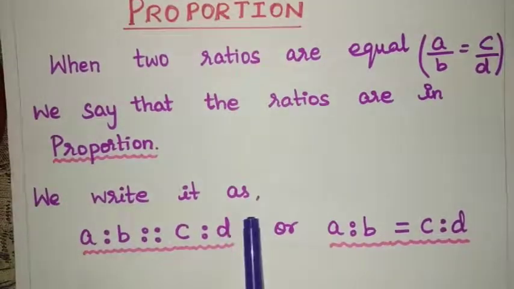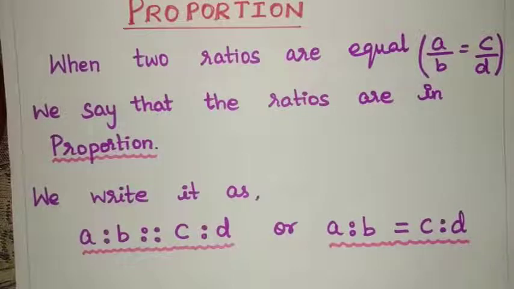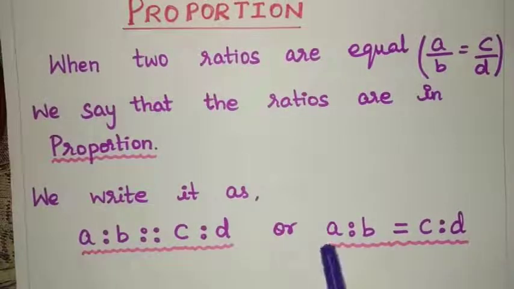We write it as A is to B is C is to D, or A is to B equal to C is to D.